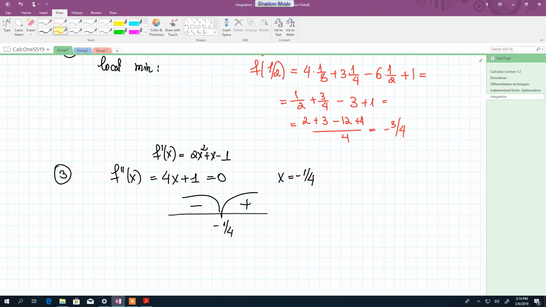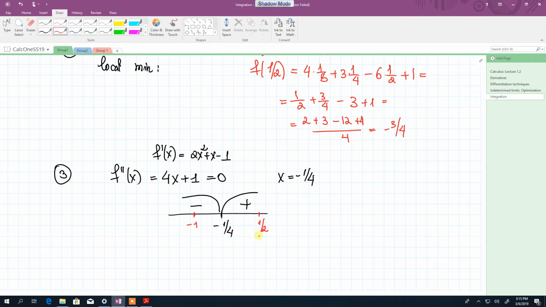What were the critical points? They were minus 1, yes, minus 1 is here, and 1 over 2, right? So do you remember, if your function's second derivative is negative at this point, it means that the function reaches its maximum, local maximum, right? You understand this?